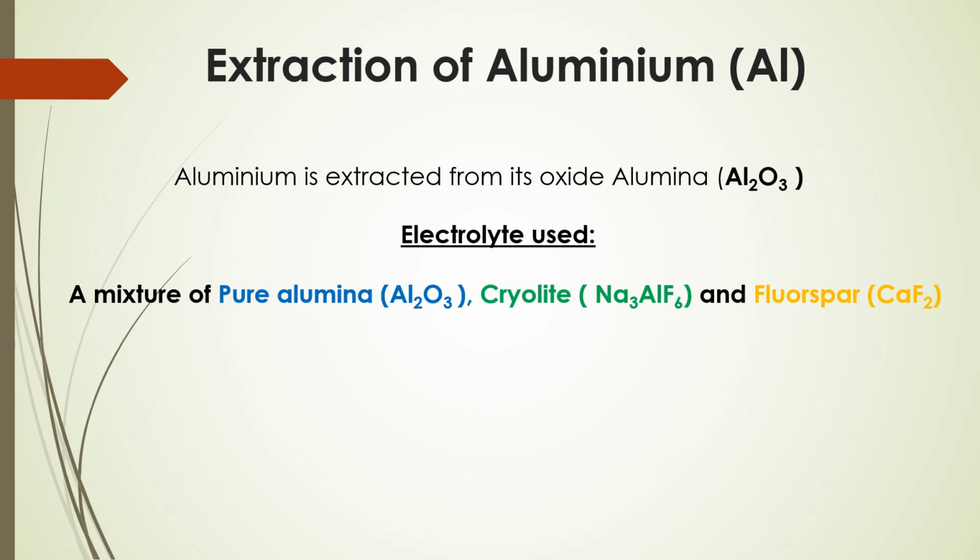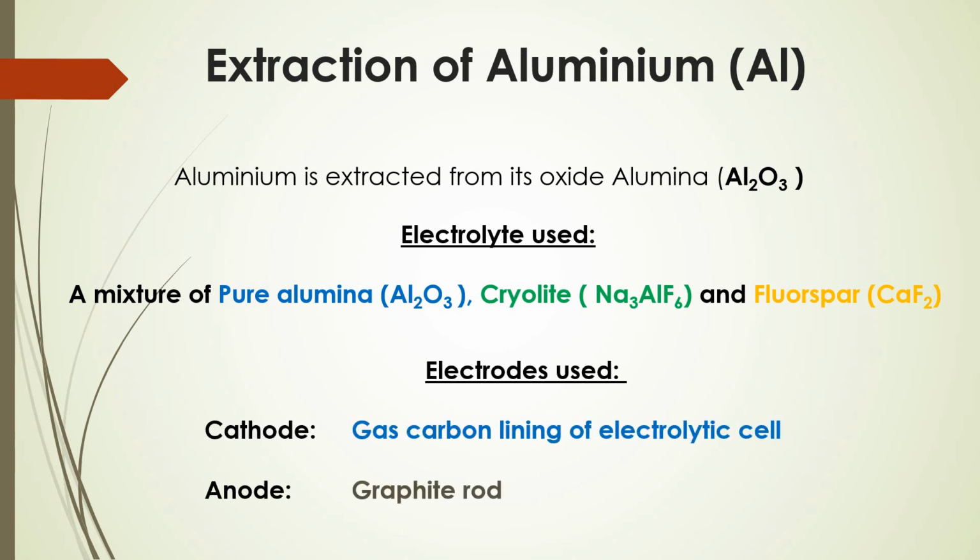Now, the electrolyte used in the extraction of aluminium is a mixture of pure alumina, Al2O3, cryolite, Na3AlF6, and fluorspar, CaF2. So a right mixture of these three ingredients makes a good electrolyte for the extraction of aluminium by electrolysis.